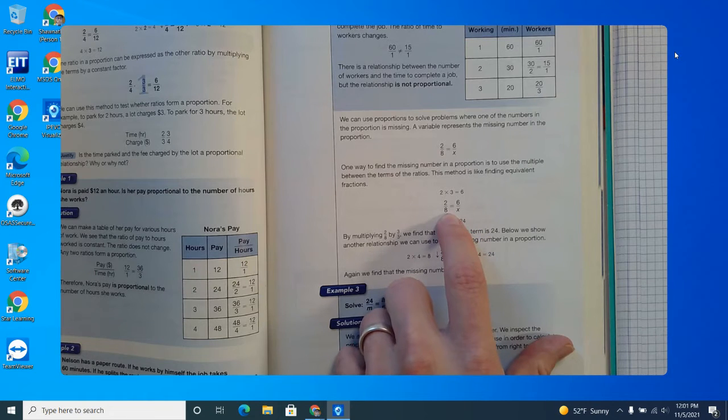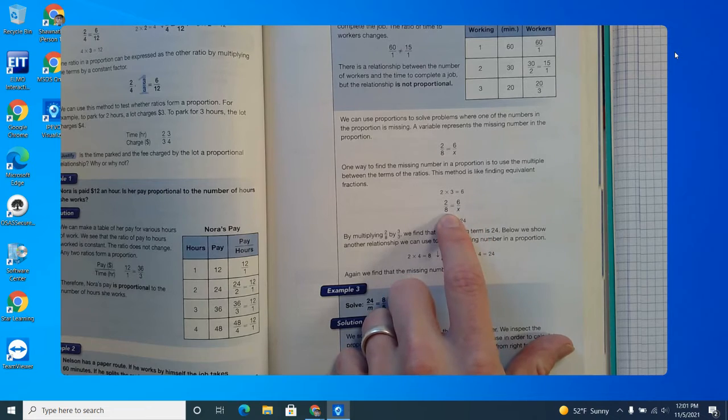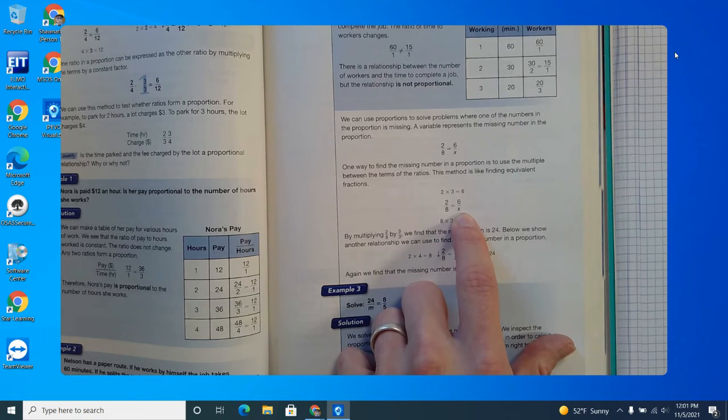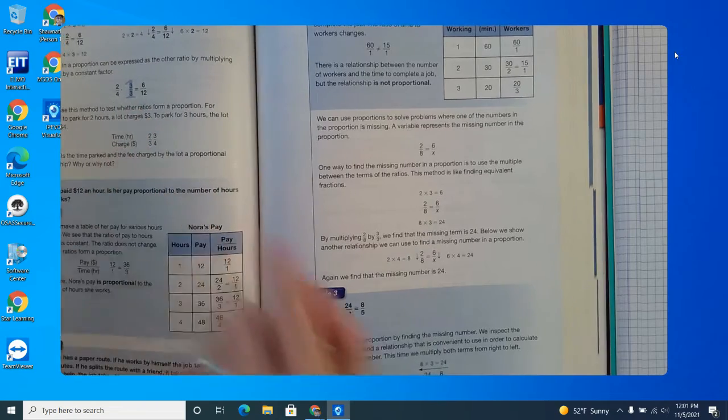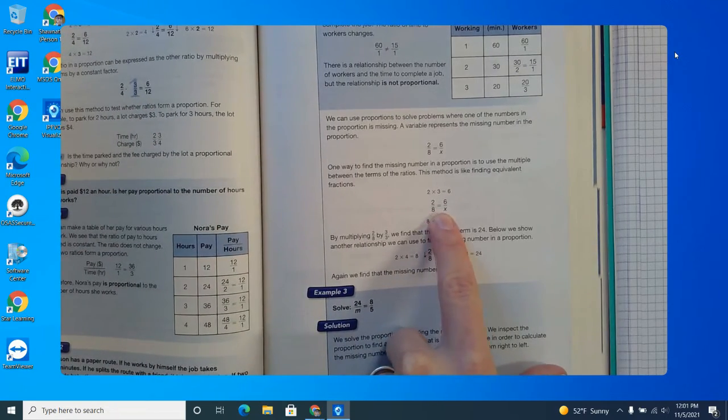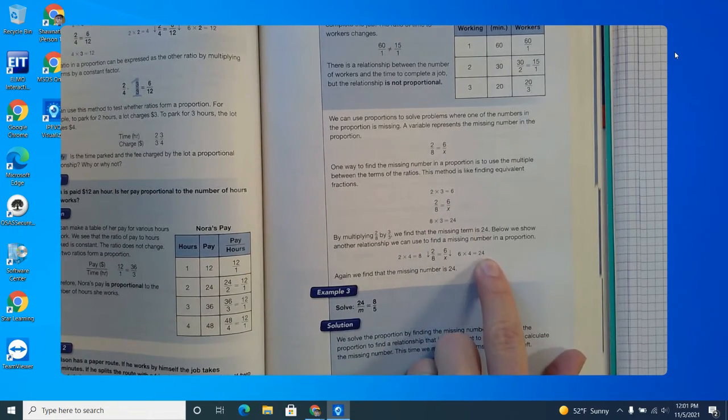So if 2 is multiplied by 3 to get to 6, 8 has to also be multiplied by 3. You have to multiply both by the same number, okay? So 8 times 3 equals 24. There you go.